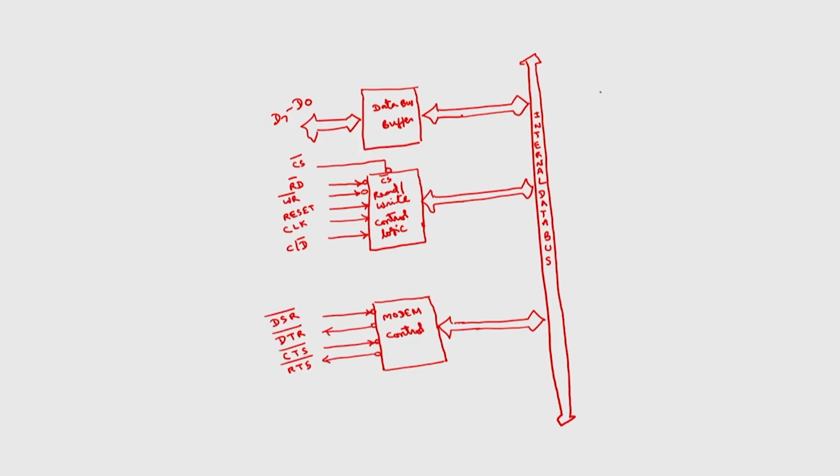On the other side we have the parallel to serial converter, which will act as the transmitter buffer. It will take the parallel data and convert it to serial, and there is one serial data signal which is called transmit data, TXD. Then we have transmitter control signals.